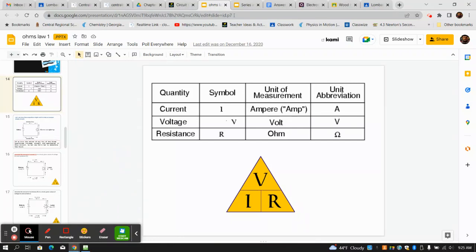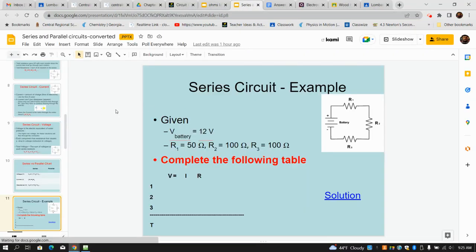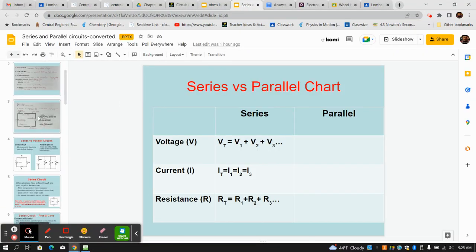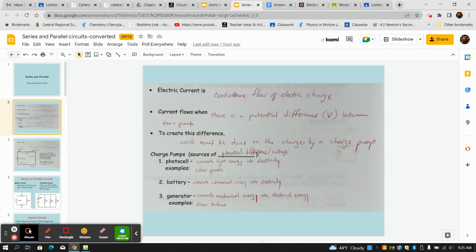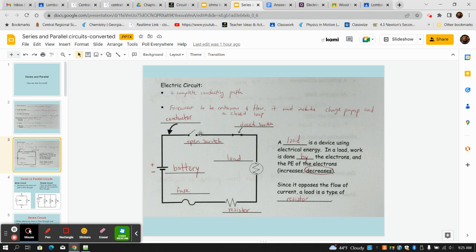So if we went back to this, now we have series and parallel. Electric current is the continuous flow of electric charge. It flows when we have a potential difference between two points. So if a switch is open, whatever is trying to get powered is going to stop. Close the switch, the whole thing would wind up working.